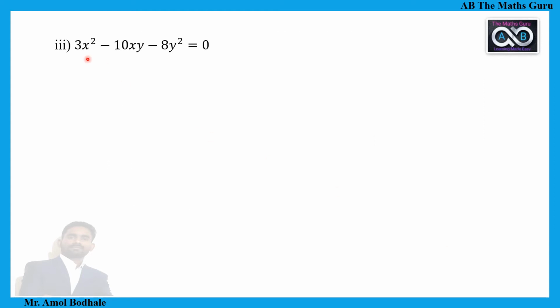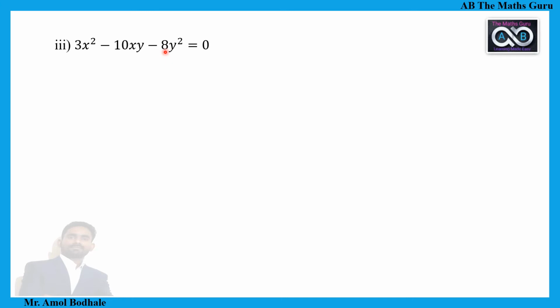Let's see the next example. 3x square minus 10xy minus 8y square equal to 0. So here the expression has 3 terms, so it is like a quadratic equation. To factorize this, first of all we observe the coefficient of x square, which is 3, and the coefficient of y square, which is minus 8. Let's take the product of 3 with minus 8, so 3 into minus 8 is minus 24.